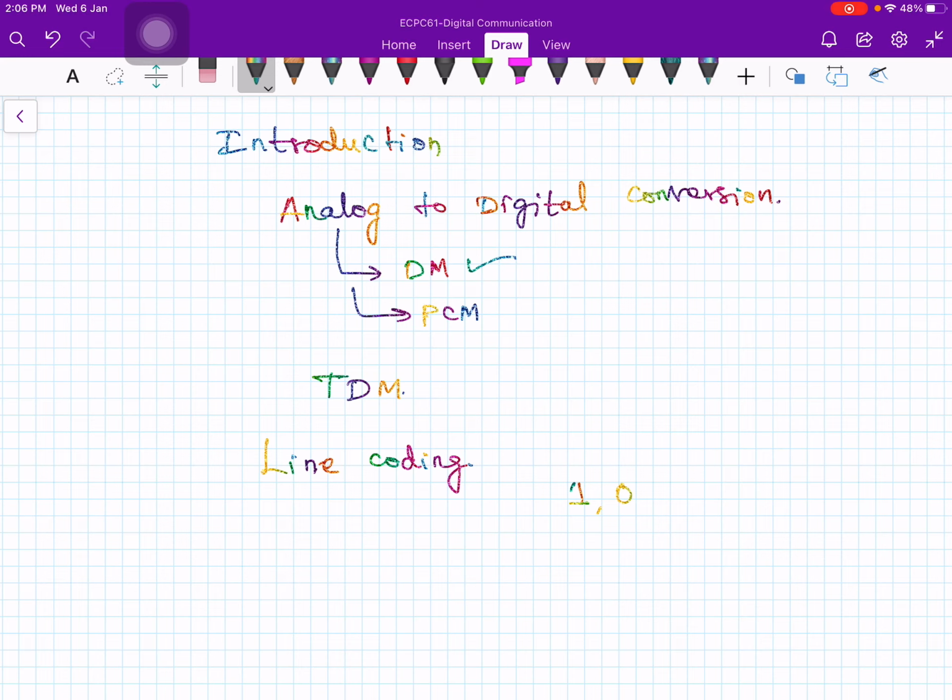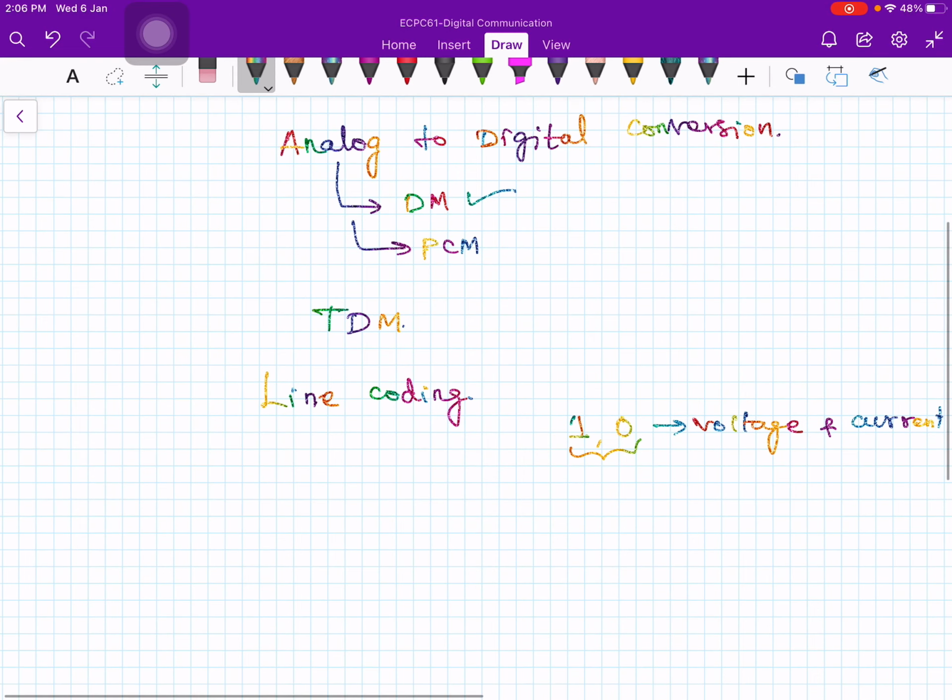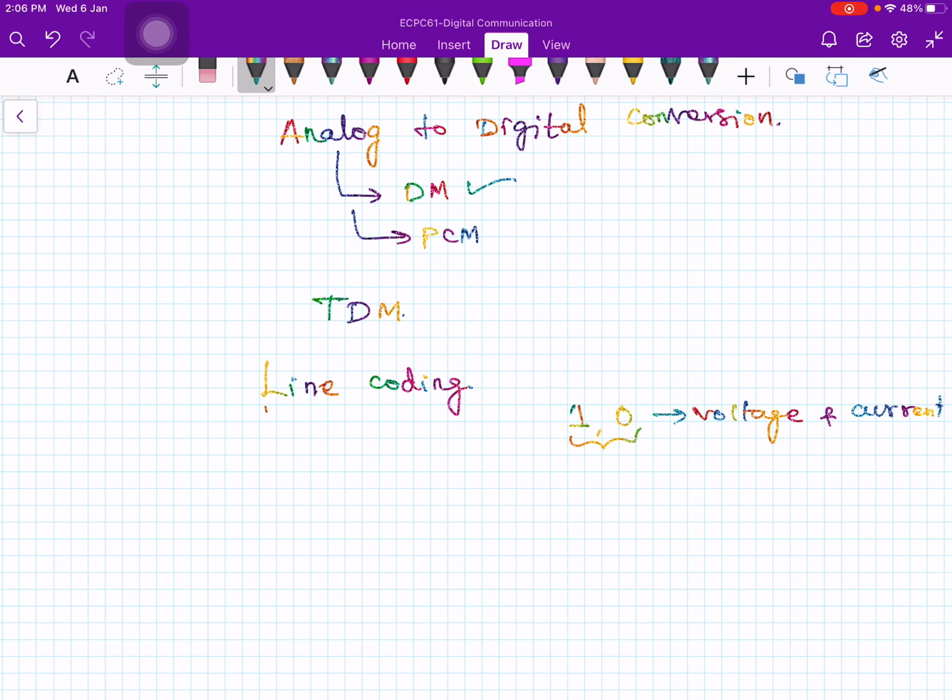Now these are all abstract concepts. As a communication engineer, we need to know how to represent these ones and zeros in terms of voltages and currents, because we always talk about ones and zeros in terms of voltages and currents. How do you represent them in terms of waveforms? That is something called line coding.